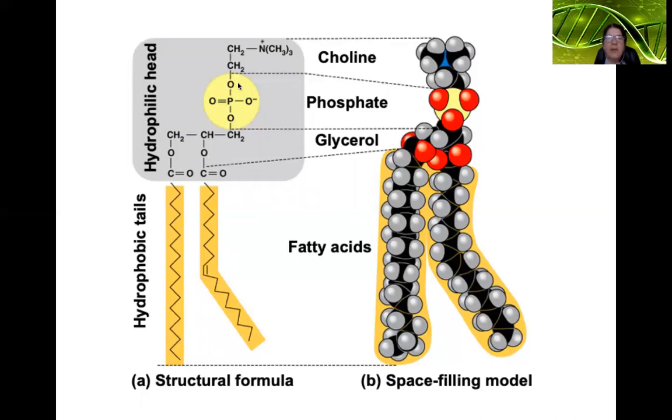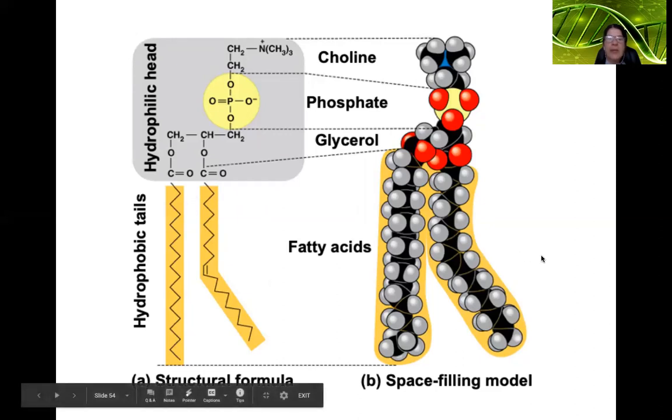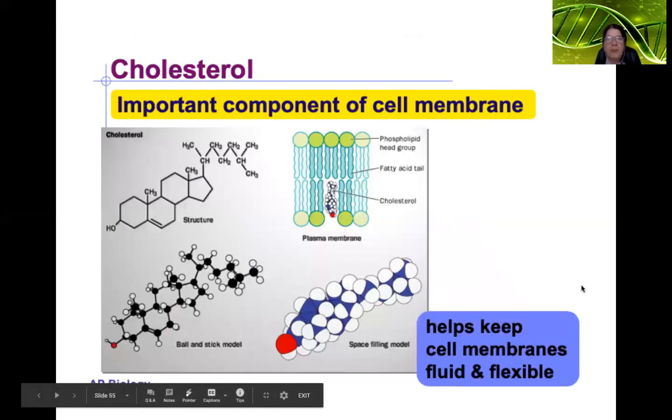This is the phosphate group, and to it we have something attached with 2 methyl groups and a nitrogen and a methyl group, and it's not really important what exactly this is. This is called choline. The important thing is that this whole part here in gray is hydrophilic. Why? Because it contains either charged groups, negative charge here, positive charge here, or polar covalent bonds, okay? Whereas the rest of the molecule are the hydrophobic tails, okay?